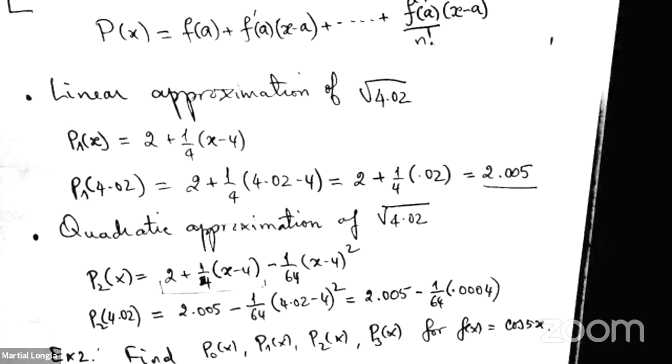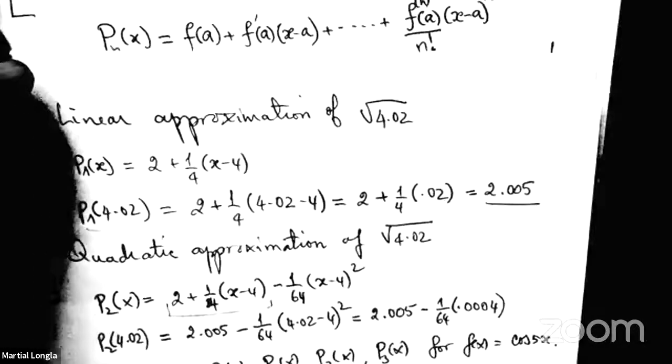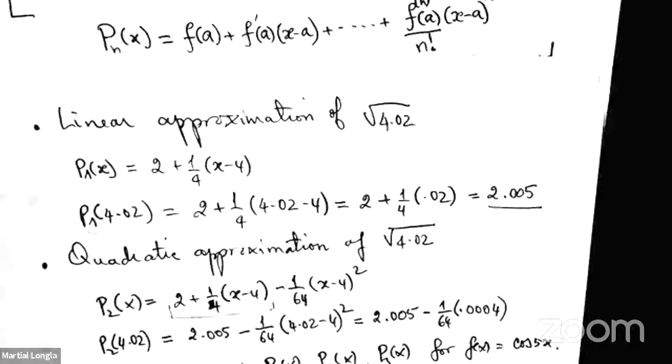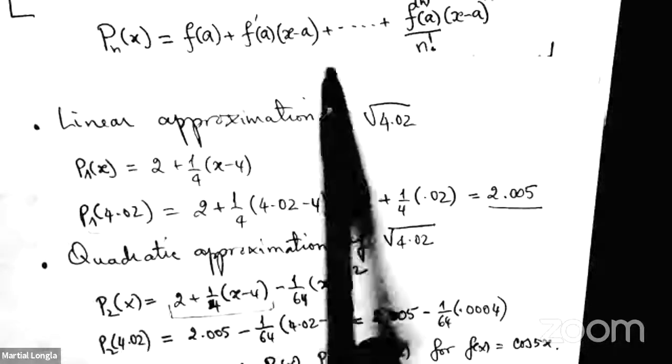So the function is cosine of 5x, and I want you to find P0 of x, P1 of x, P2 of x, P3 of x, and I'm leaving the formula of Pn of x right there, so you can use it.